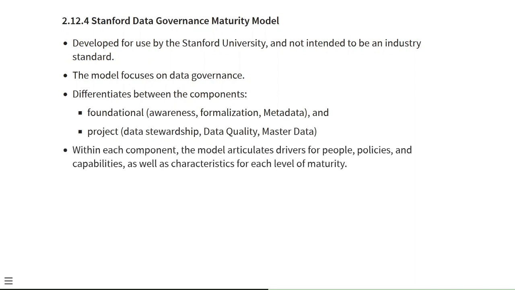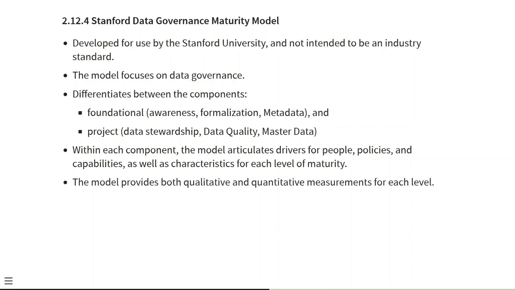And within each of these components, the model articulates drivers for people, policies, and capabilities, as well as characteristics for each level of maturity. The model provides both qualitative and quantitative measurements for each level.